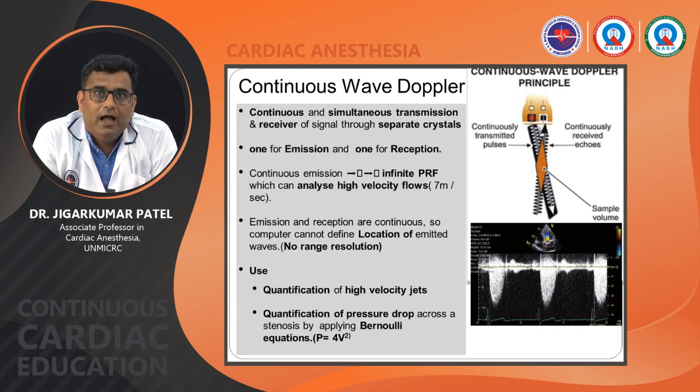You can analyze high velocity flow with continuous wave Doppler, but because emission and reception are continuous, the computer cannot identify the location of the emitted wave. So you cannot pinpoint the exact point where you get the maximum velocity. So it has no range resolution, but it is used to quantify high velocity jets based on the Bernoulli equation. So continuous wave Doppler is very important.